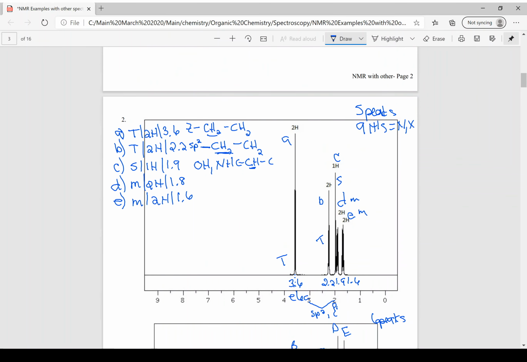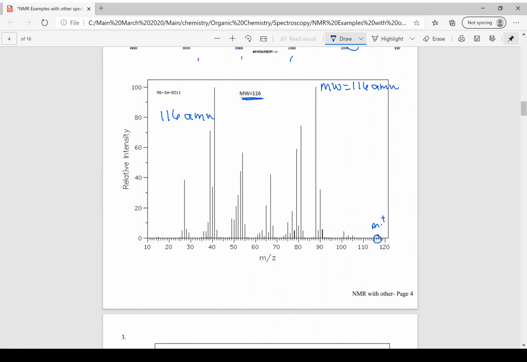But notice I specifically said 9 hydrogens. I either have to have a nitrogen or a halogen. Let's go back. My peak is so small that I can't get my M+2 peak. Okay, it's too small. That's normally where I would figure out whether it's a chlorine or a bromine, but I can't figure it out. So I'm just going to take a guess.